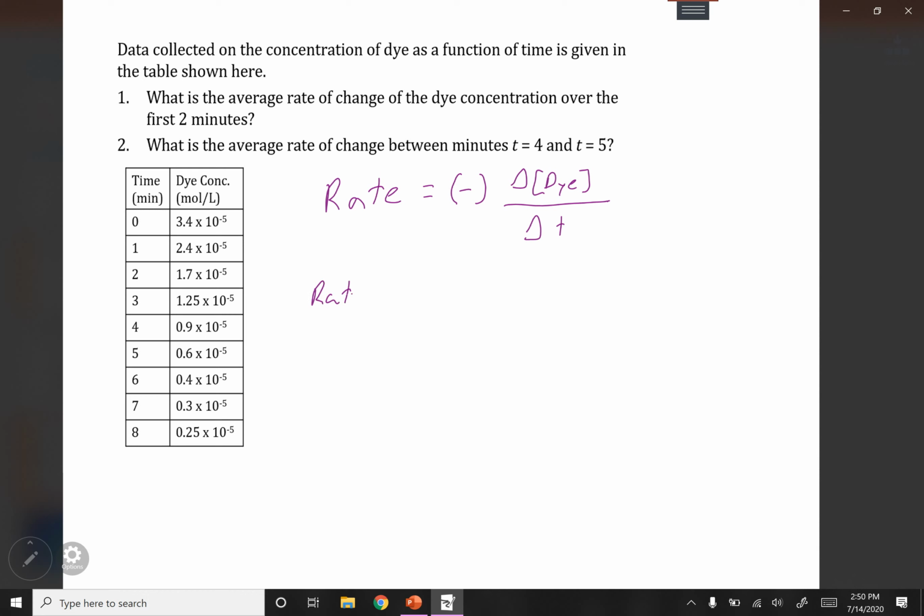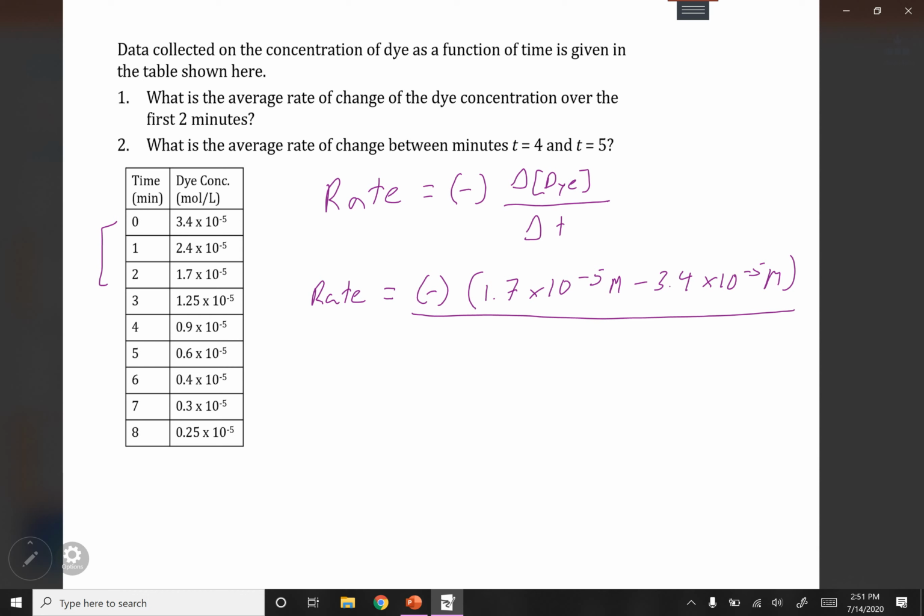So we can say the rate for the first 2 minutes will be equal to minus change in concentration. In this particular case, we're looking at the first 2 minutes. So we'll say 1.7 times 10 to the minus 5 molarity, minus our initial concentration, 3.4 times 10 to the minus 5 molarity, over our change in time.